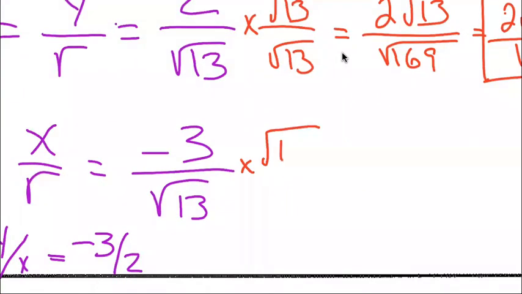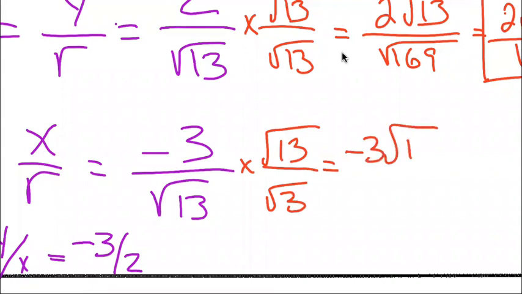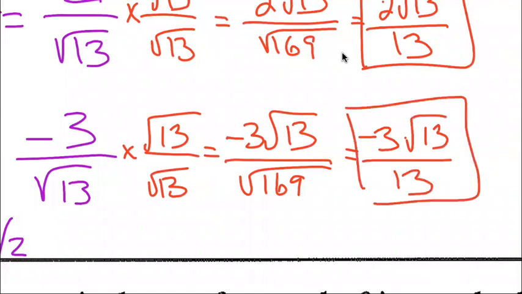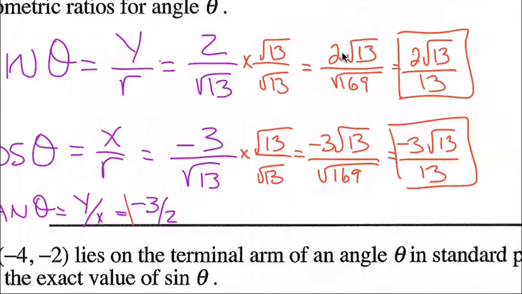Root 13 over root 13, -3 root 13 over square root of 169, which is equal to -3 root 13 over 13. Final answer. Okay, so there's your three trig ratios.